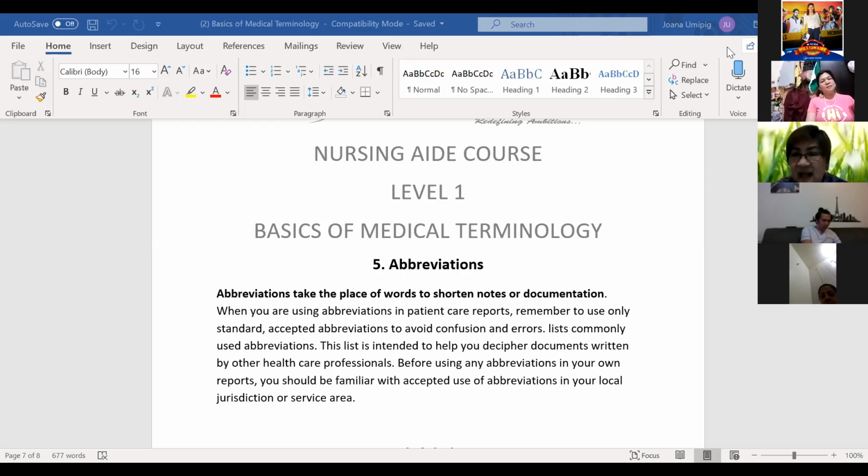So all of these abbreviations that we are going to put in our documentation, or how we are going to pronounce them, or say them, or use them during our working time, are only approved ones. You don't make an abbreviation yourself, and you do not listen to any abbreviation that is not standard. So only use internationally accepted and approved abbreviations.